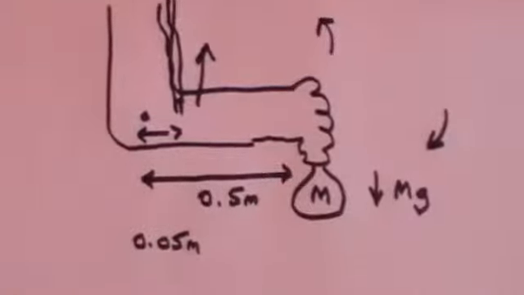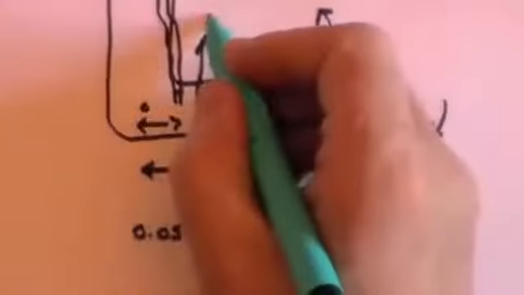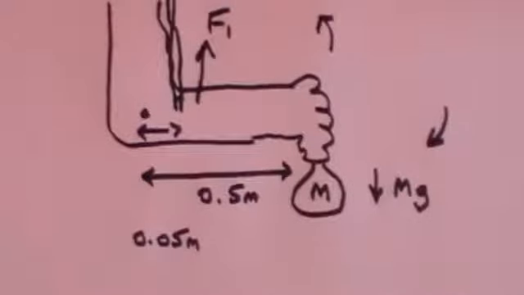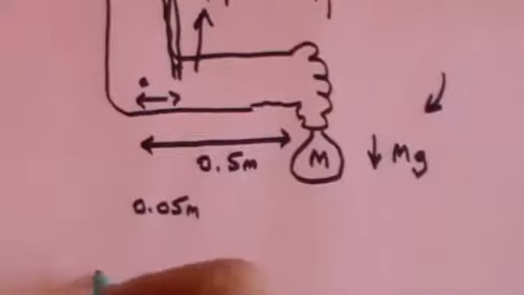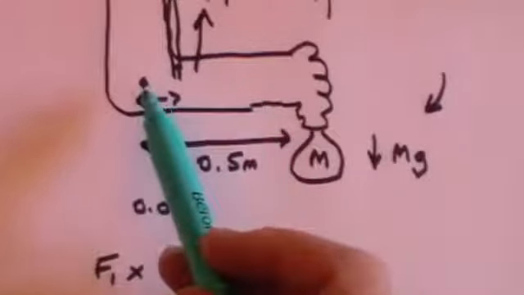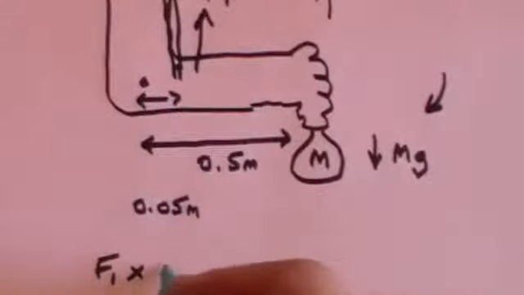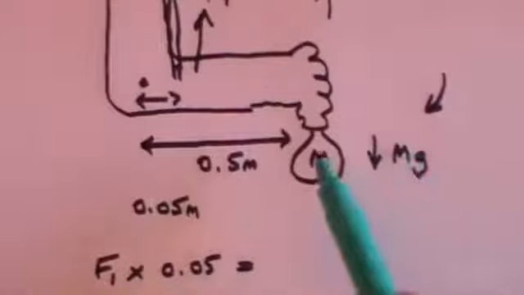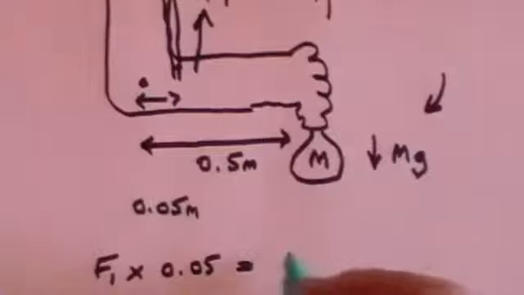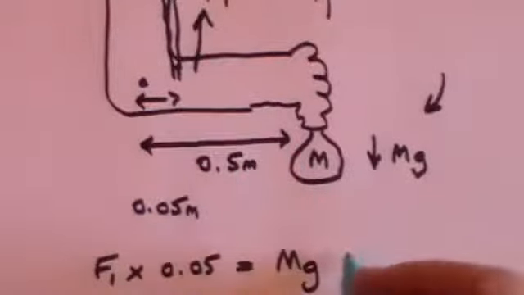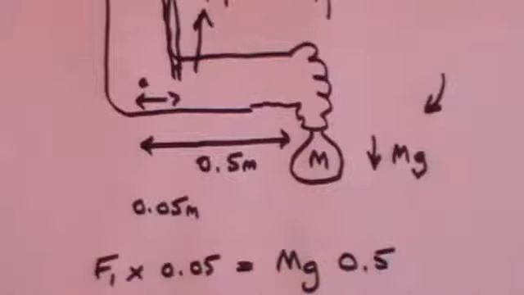And so now we've got the situation that the force I have to exercise to keep my arm up, the moment of the force, is F1 times the distance from the muscle to the turning point, which is 0.05 metres, and that has got to be equal to the weight that I'm trying to carry, which is mg, times its distance, which is 0.5.